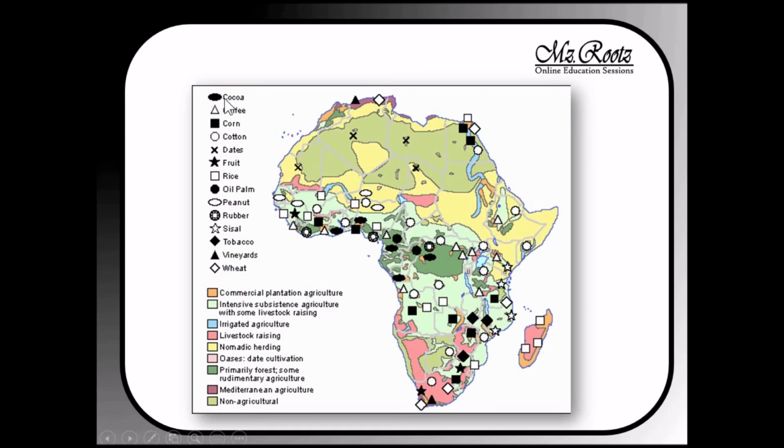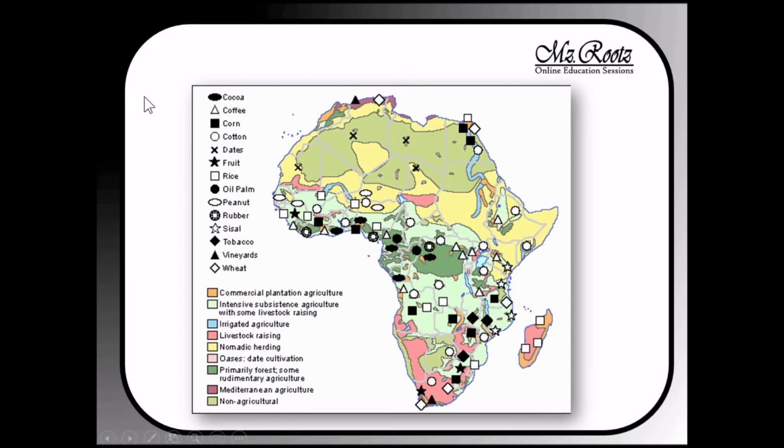So for instance, let's look for cocoa. You see the shape? It's like an oval shape. That is representing where the continent mostly produces cocoa, which is the west coast. So can you name any countries on the west coast? We're thinking places like Ghana, Nigeria. Those are west coast countries.